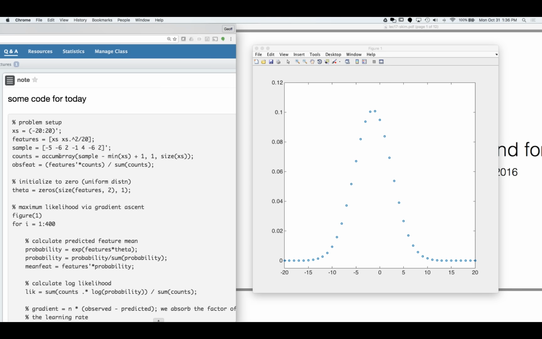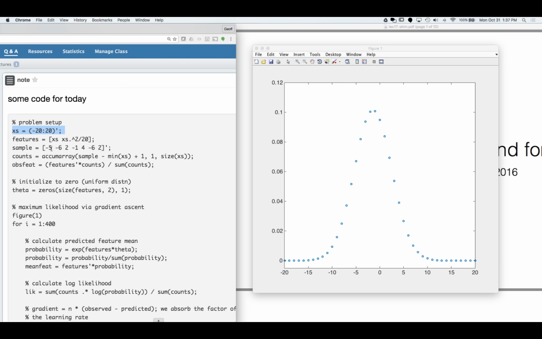So the first thing that I'm going to do is count how often each one of our x's happens. You don't need to understand this MATLAB idiom, but what's going to happen is that this is going to create a vector of length 41, and each element of the vector will correspond to one of these values here, and the entry there will say how often that value occurred.